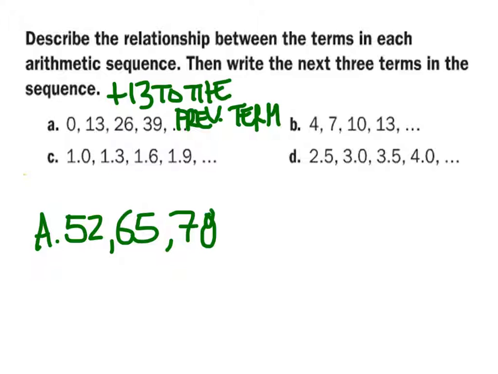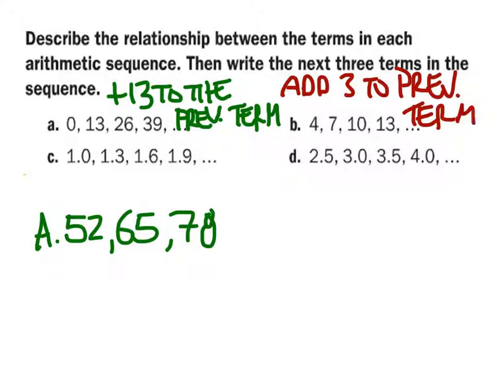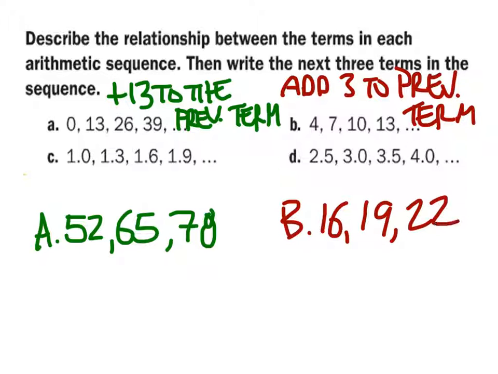Add 3 to the previous term. Excellent. So in B, what are the next 3 terms? Allie? 16, 19, and 22. Very good, because we're just adding 3 to each term.